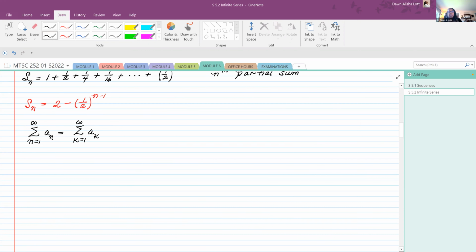All I did was change the variable. But this is the limit as n approaches infinity of the sum k equals 1 to n of ak. This thing says sum up the first n terms, so this is the nth partial sum.